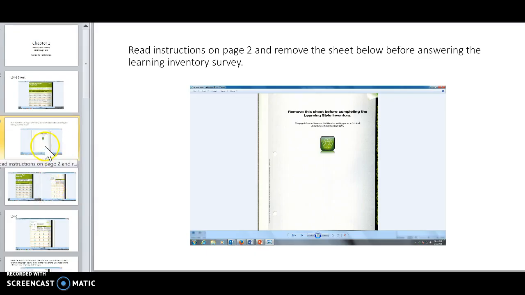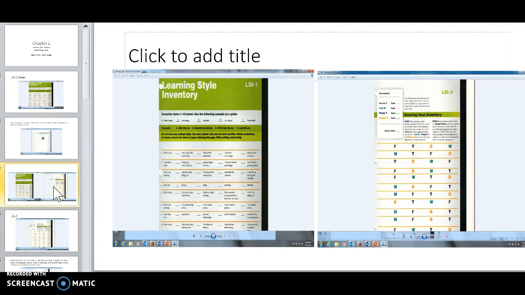So once you remove this sheet, the next slide, you should have LSI1, and right next to it, or right after, LSI3. So when you're answering the questions, you're going to print firmly, so the number that you put for each question transfers to the next page like a carbon copy.